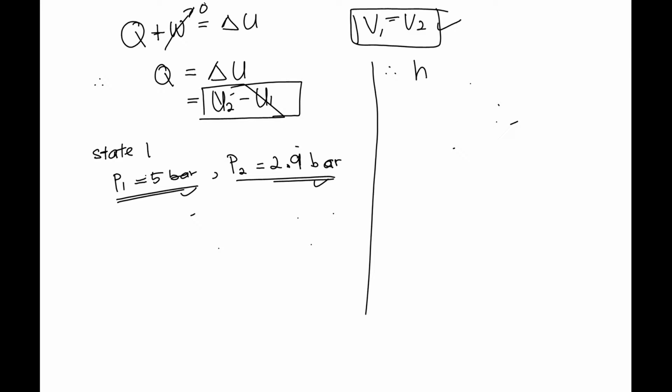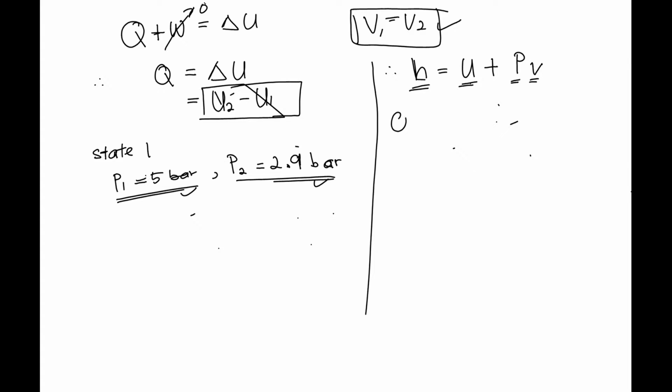We know H is equal to U plus PV. And what is H? H is the specific enthalpy. In this case, it's not capital H, it's specific enthalpy, specific internal energy, pressure, and here this one is specific volume.